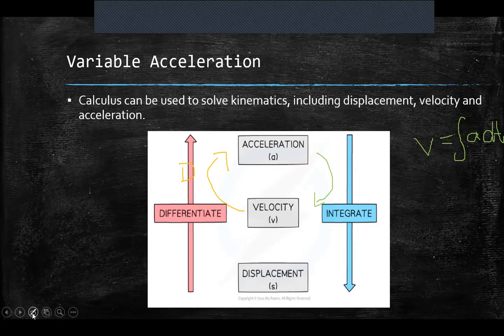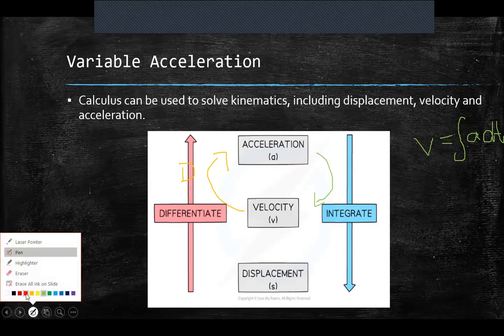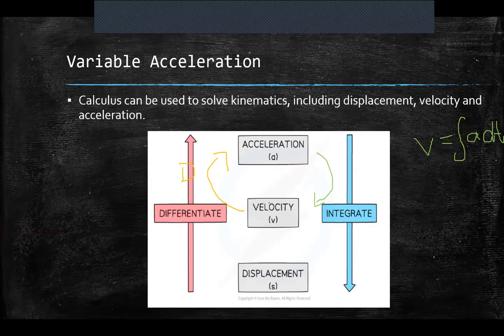Cool. And same thing. If I'm given velocity and asked to find displacement, going from displacement to velocity is differentiation. But that's not what I want to do. I'm given velocity and I want displacement. Notice this arrow is opposite to this arrow. What's the opposite of differentiation? It's integration.